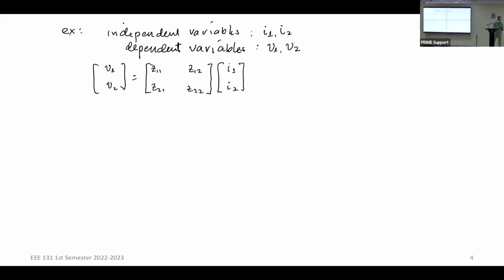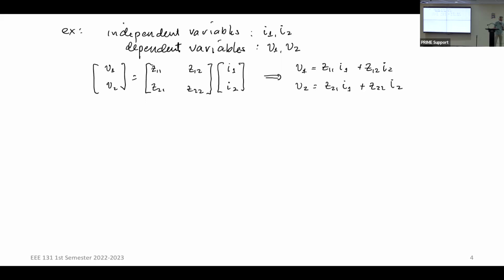So in normal notation, ano ibig sabihin nito? This is V1, this is Z11 I1 plus Z12 I2. And V2 is Z21 I1 plus Z22 I2.